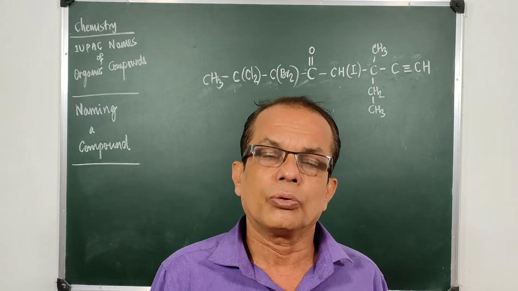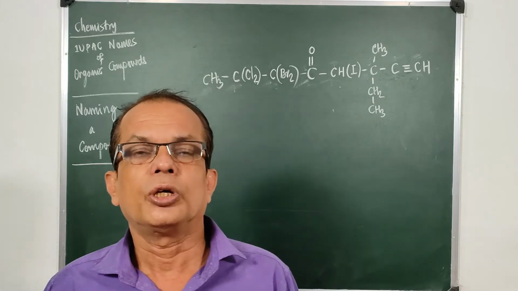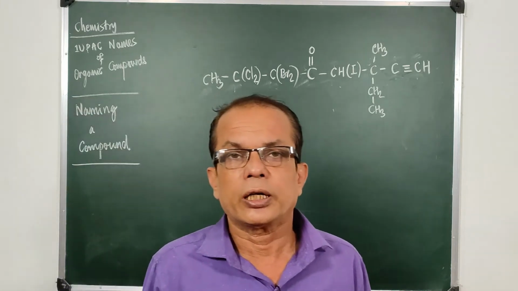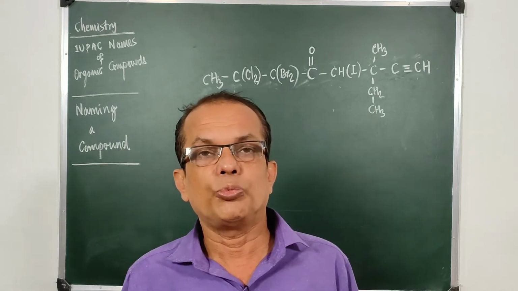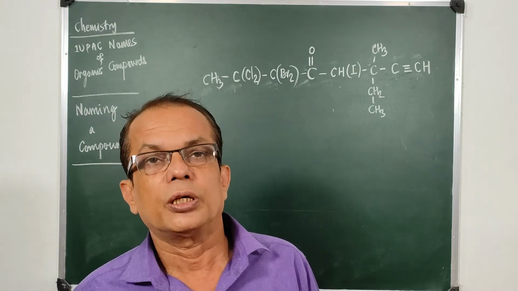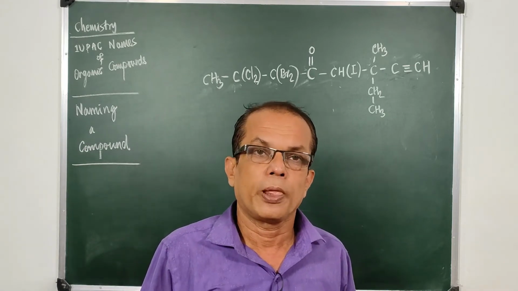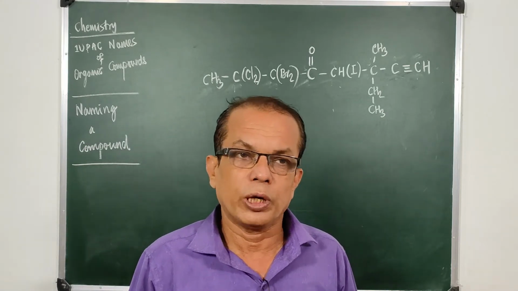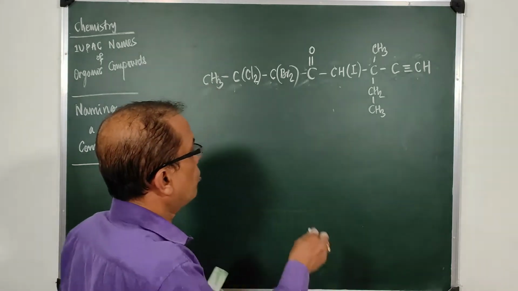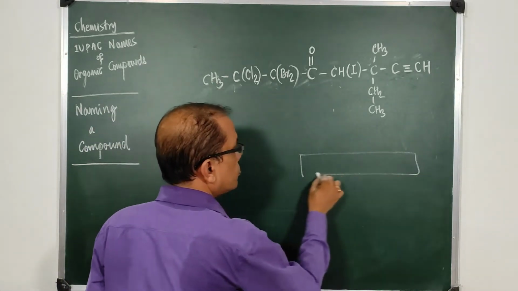You know, in organic chemistry the nomenclature is crystal clear because of the IUPAC system. IUPAC governs the rules of how compounds will be named, and according to the IUPAC system of nomenclature, every organic compound has three different parts.